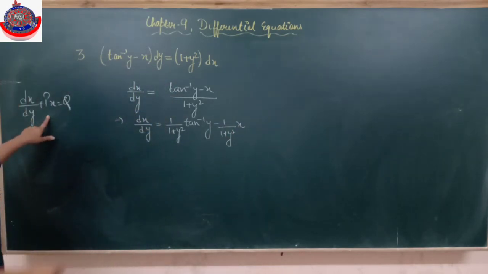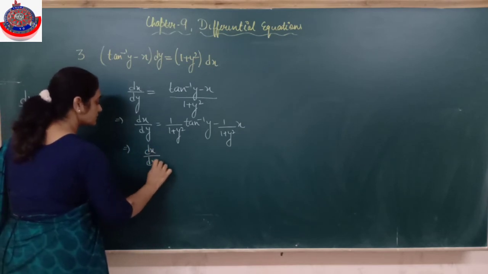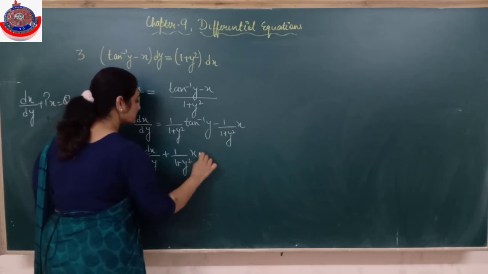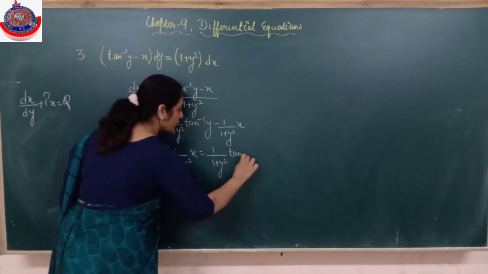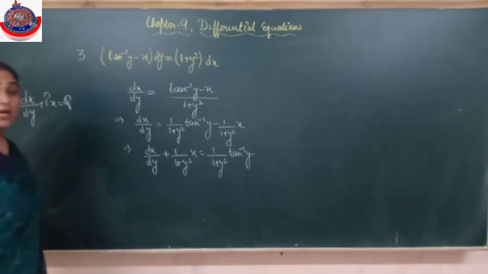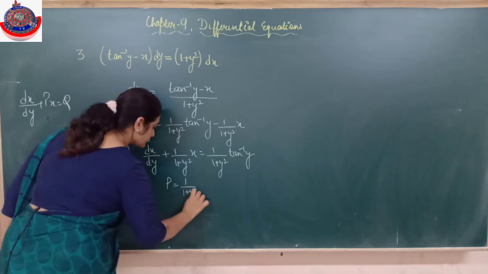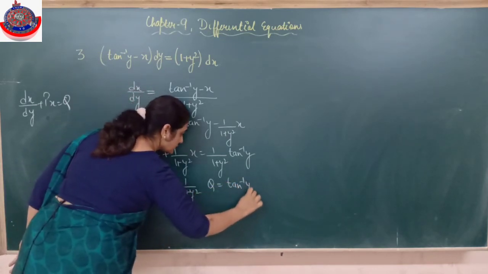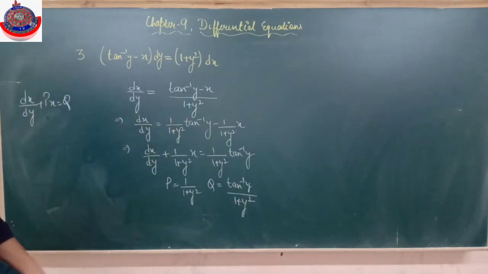Bring it in this form. So the x term should come here. All right. Now identify p and q. All right. Now what is the next step?